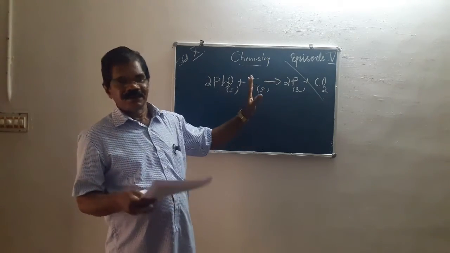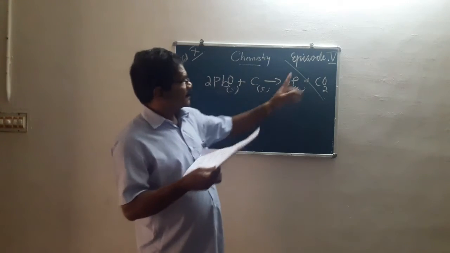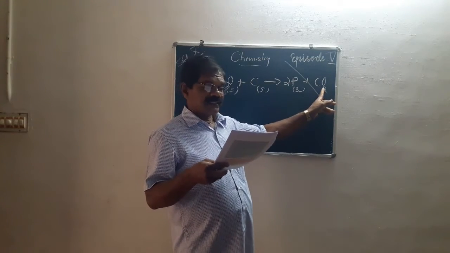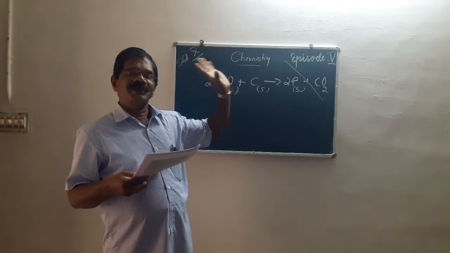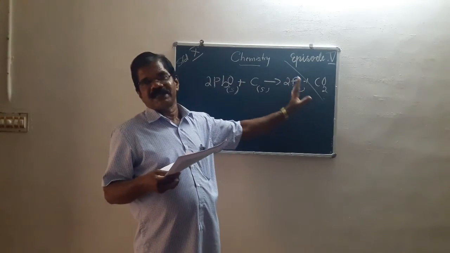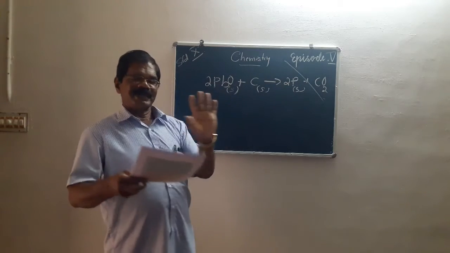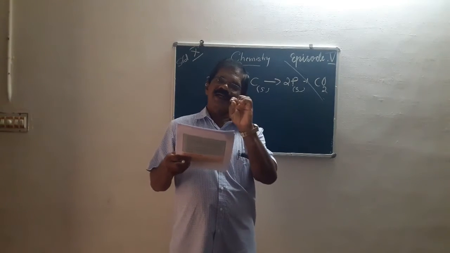Second, carbon dioxide is getting oxidized. That is also a product. In a redox reaction, we never go to the product side. The oxidized substance and the reduced substance are always among the reactants. So these two statements are incorrect.